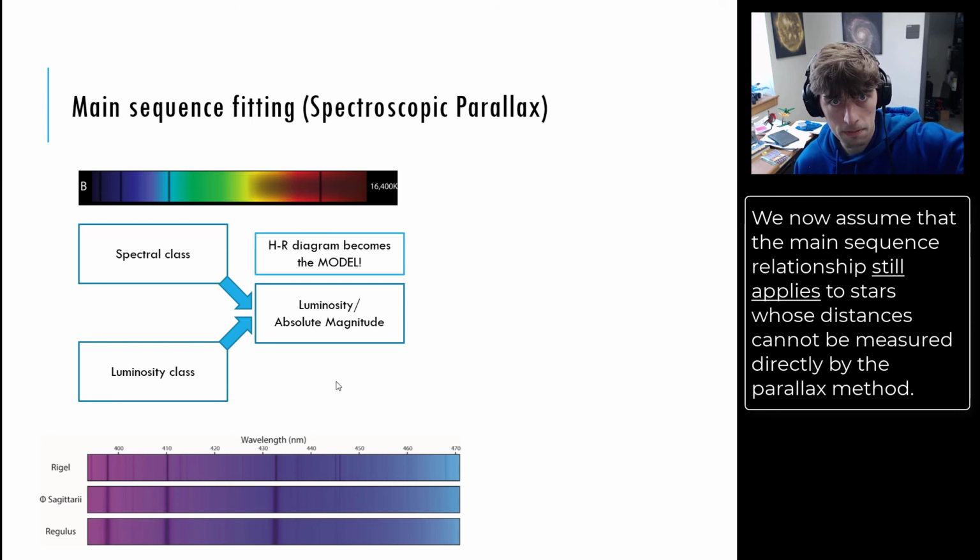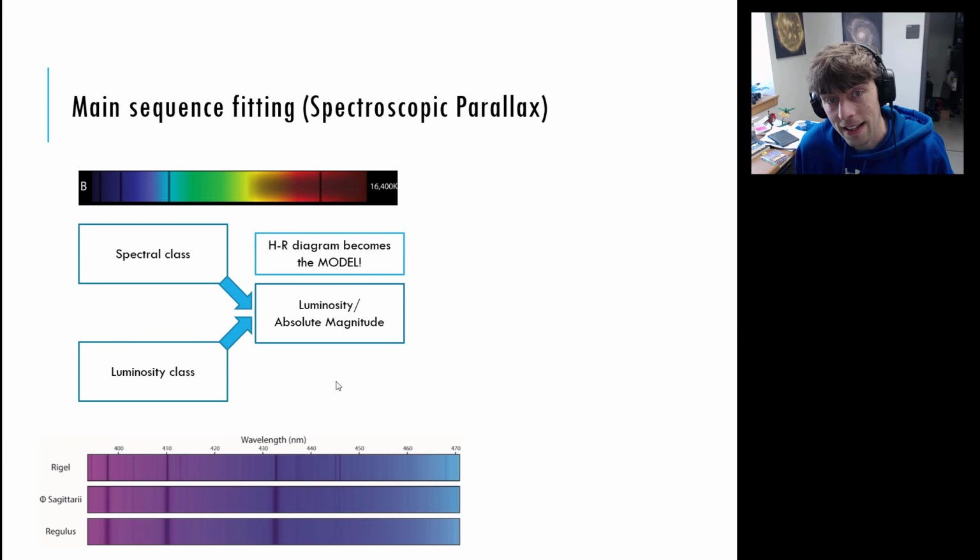Okay? That's where we're using the HR diagram as our model now, assuming that it applies to more distant stars. And if it applies to more distant stars, then we can use the spectral class of that star and the HR diagram to get the luminosity. Pretty cool, huh?